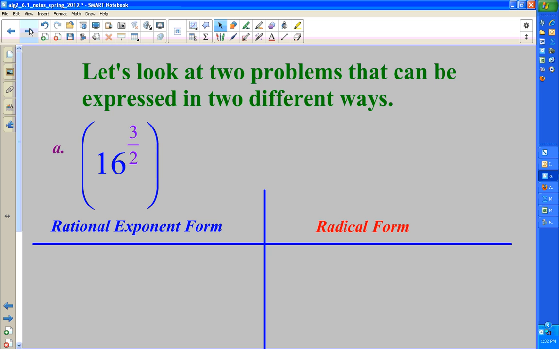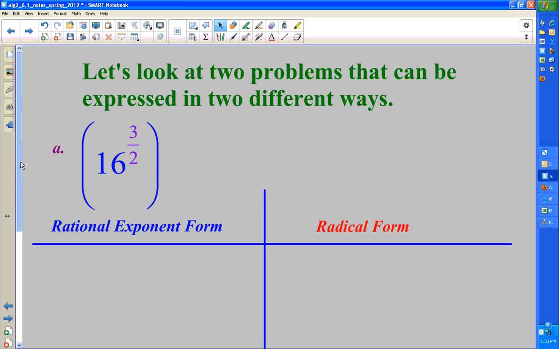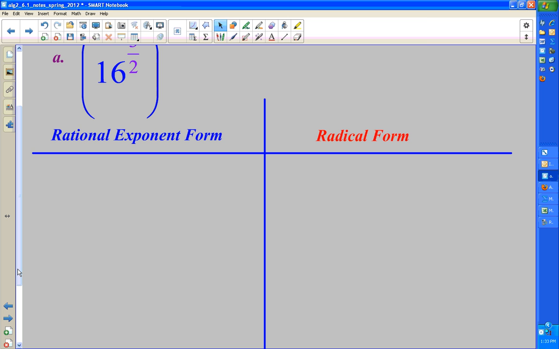Now, here is something expressed exponentially. We want to switch it from rational exponent form into radical form, and we want to look at two ways to handle it. One of the things we can take is 16 to the 3/2 and work it with rational exponents.